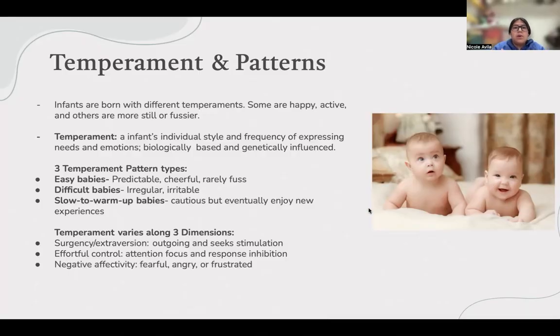I wanted to give that example because we're going to be talking about the three different types of temperament patterns. First, we have the easy babies, which is when a child is predictable, cheerful, and rarely fussy.